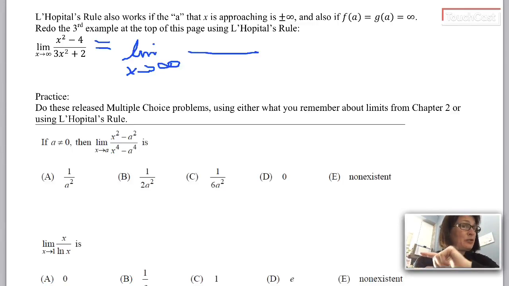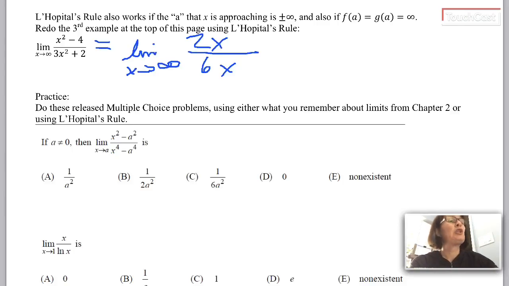So now I'm going to take the derivative of my numerator, 2x, derivative of my denominator, 6x, and I'm going to try again. If I replace the x in the numerator with infinity, the x in the denominator with infinity, I'm going to have infinity over infinity. L'Hopital's rule works again.